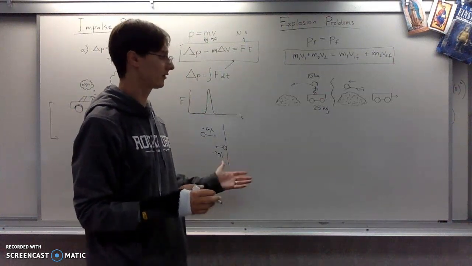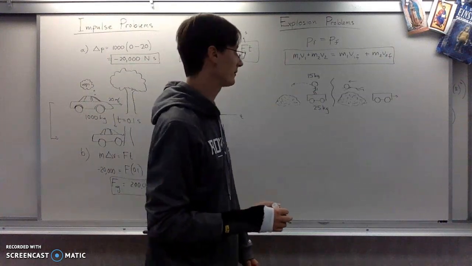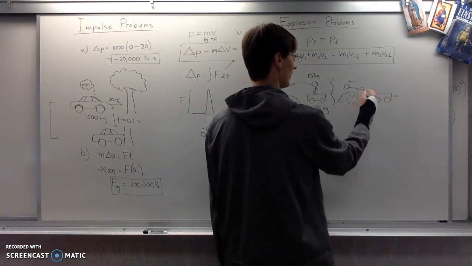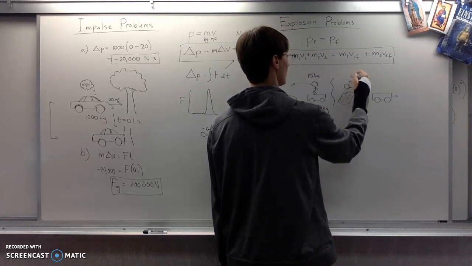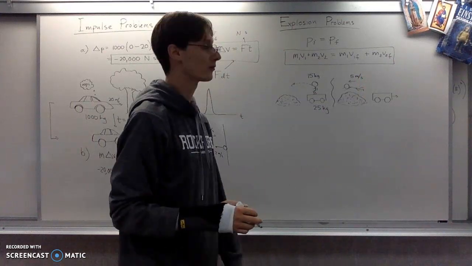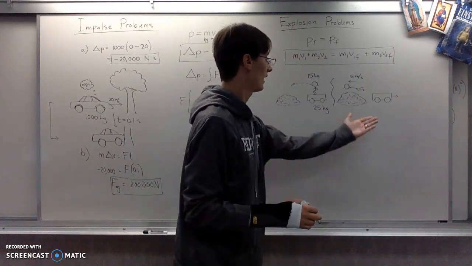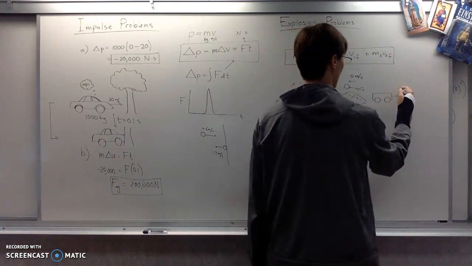So 15 kilograms, 25 kilograms. He sees before him a leaf pile. Timmy lunges towards the leaf pile, launching himself with a velocity of, let's say, 5 meters per second. And then we want to know how fast is the wagon going to be moving in the opposite direction.